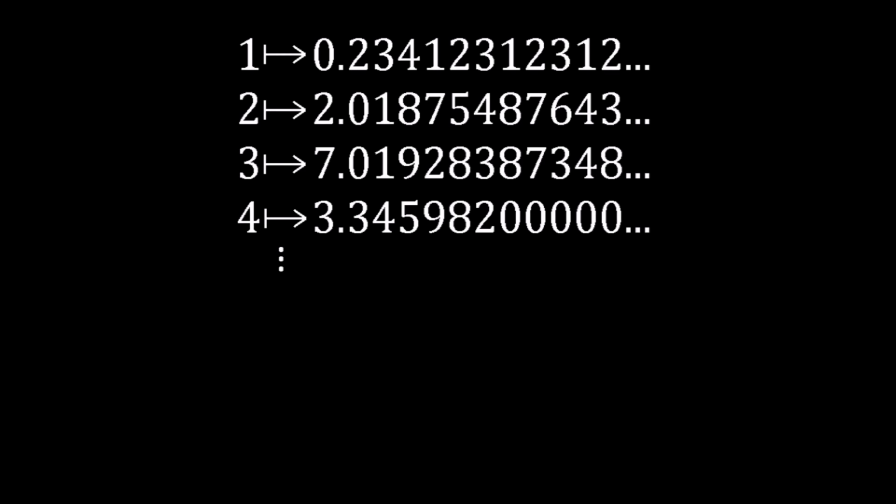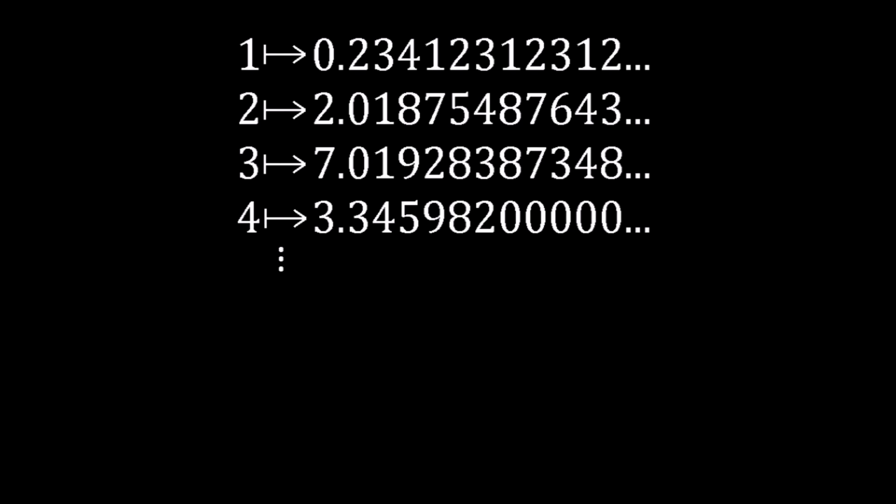And so writing this list will be the same as finding a rule that pairs each real number to a whole number in a one-to-one relation. But such a list cannot exist, and here's why.